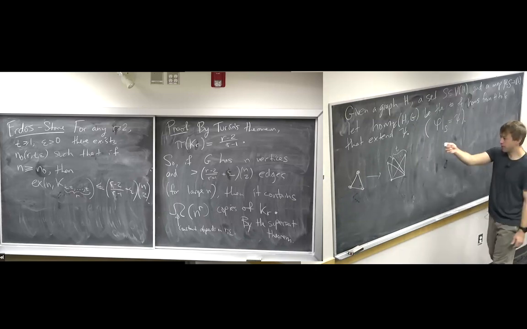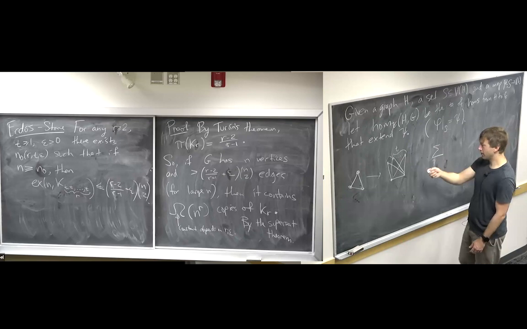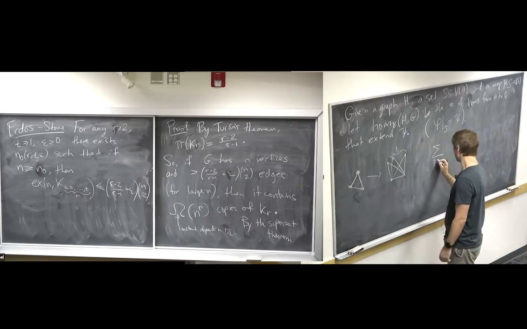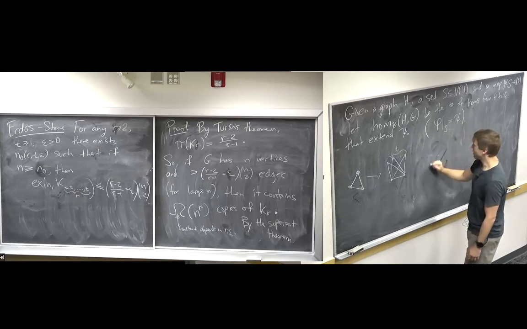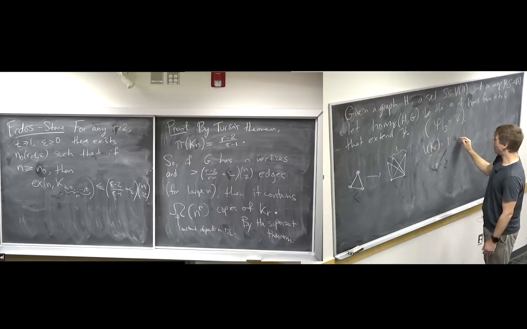So the point of this is, let's say that the vertices of K_r are the numbers 1 up to r.